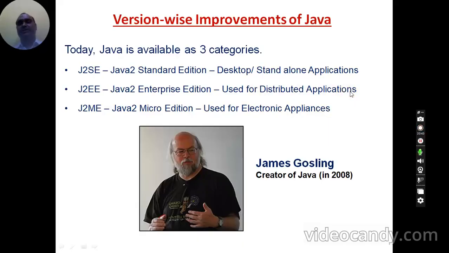They run on different computer systems concurrently, or in parallel. To develop those applications we can use J2EE. J2ME, where ME stands for Micro Edition, is developed to program electronic appliances or electronic devices.